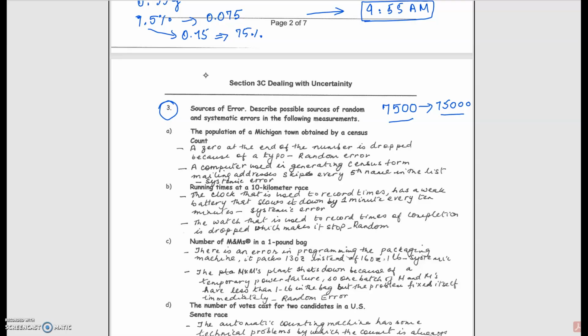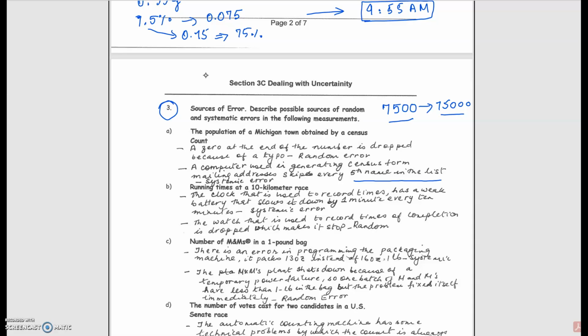But what if the system that you're entering all this information into is not correct? Something is wrong with the system, and sometimes things like that happen to computer systems. And let's say the computer census form will skip every fifth name in the list.